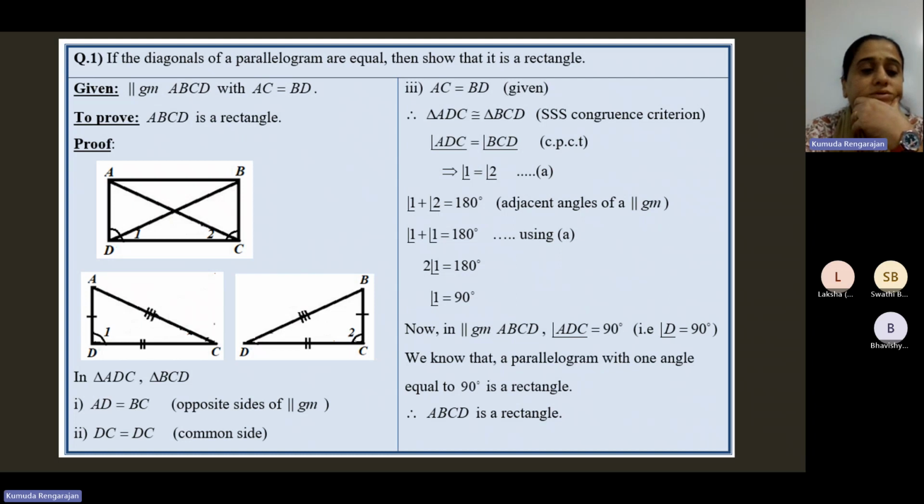Okay. So if the diagonals of a parallelogram are equal, then show that it's a rectangle. This is a property.